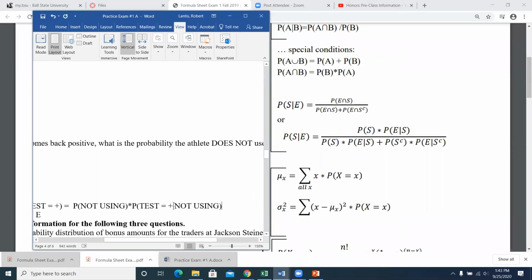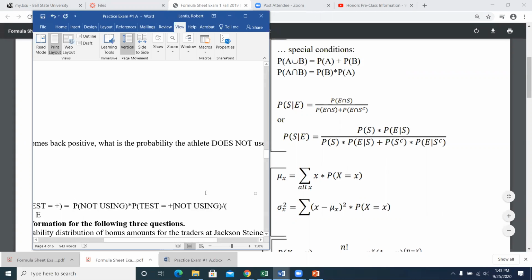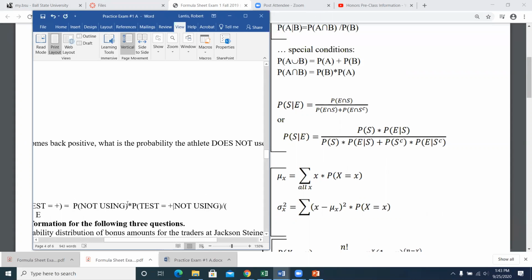That's my numerator. Now I'm going to divide that by what's in the denominator. Notice the very first part of this denominator is the exact same as the numerator.